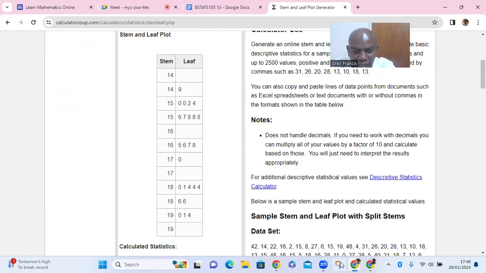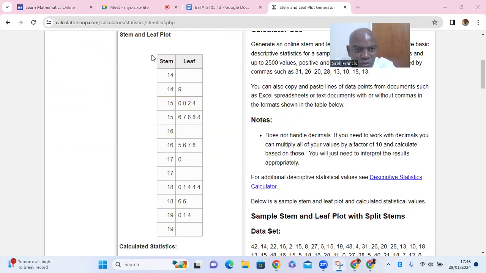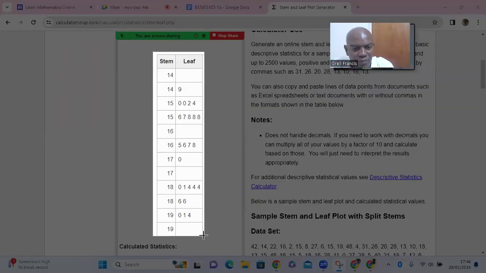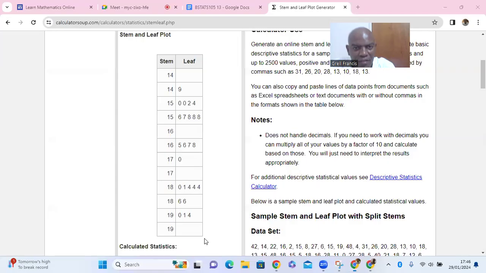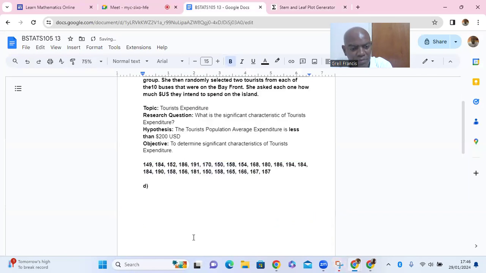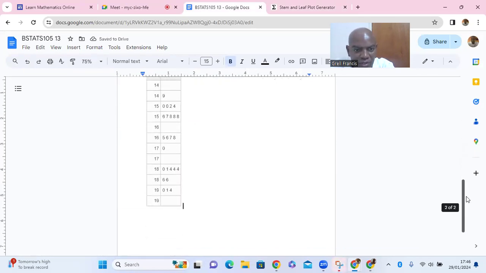Okay. So what I do now, I basically use snipping tool, take a snapshot of it and paste it in my document, Google Docs.